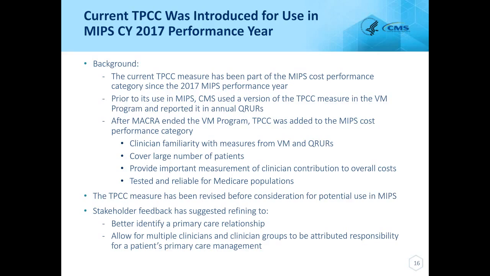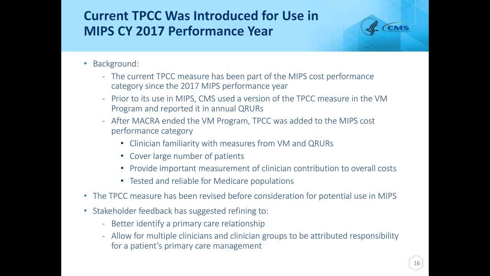So the current version of the TPCC measure that's currently used in MIPS was introduced for use in the calendar year 2017 performance period. The current TPCC measure has been a part of the cost performance category since that performance period.